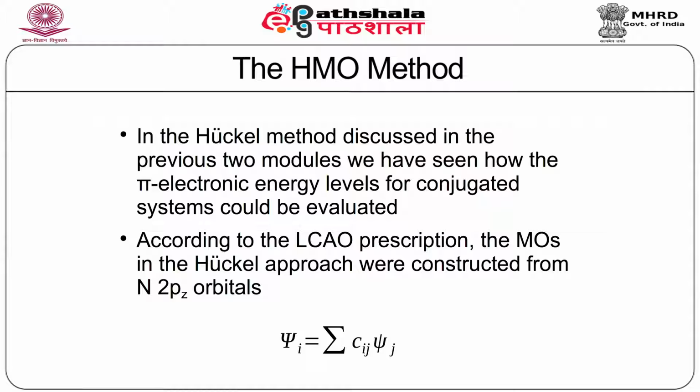And the equation looks like this. The ith molecular orbital, given by psi_i, was a sum over the atomic orbitals given by phi_j multiplied by the coefficients C_ij.